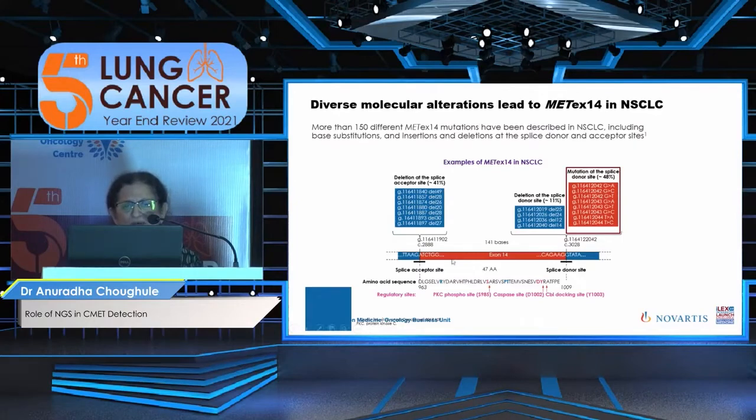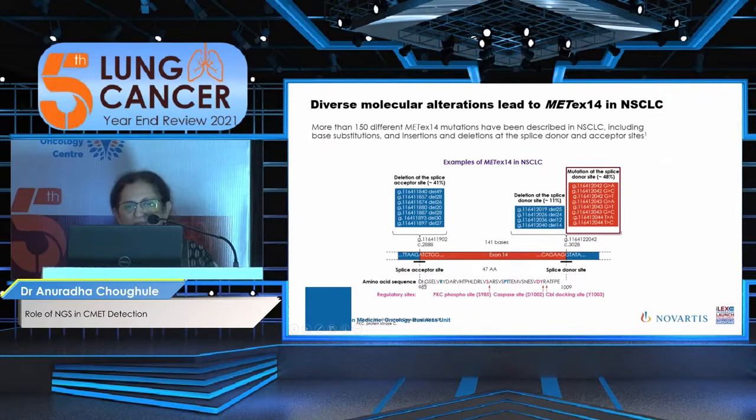As you can see, this is exon 13 and exon 15, and between them is the 141 base pair exon 14. The alterations or deletions happen between nucleotide sequence numbers 963 to 1009.